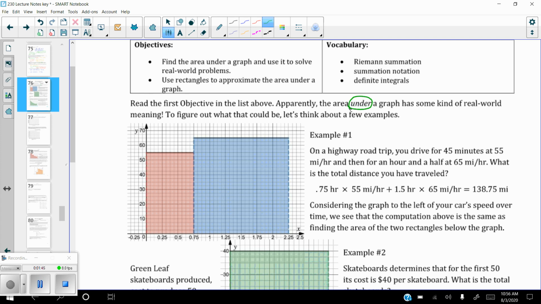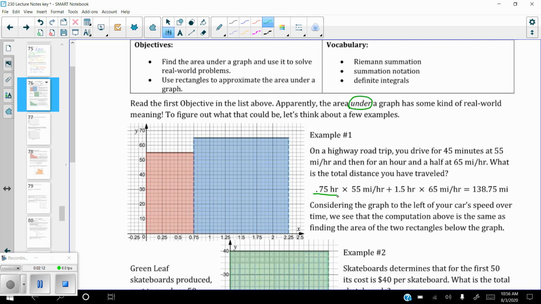Okay, really basic example, and we're going to split example one up into two little parts. If you were to take a highway trip, a road trip, and you drive for 45 minutes at 55 miles per hour, you could easily figure out how far you've gone. 45 minutes in hours is 0.75 hours.